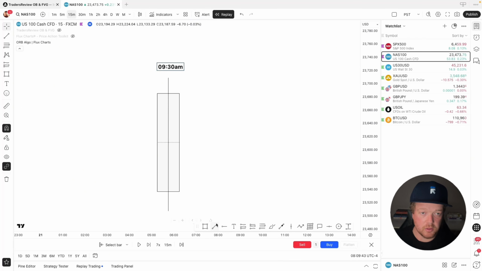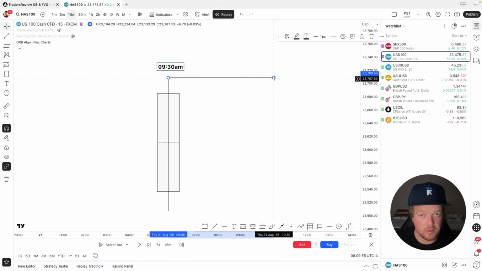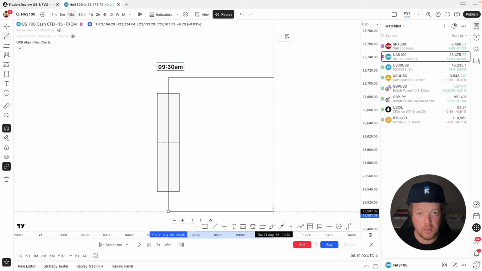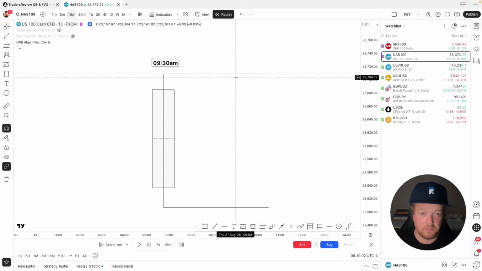We want to wait for the first 15 minutes to end before we start looking at any trade. Then we are going to draw out the high and the low of the first 15 minutes.